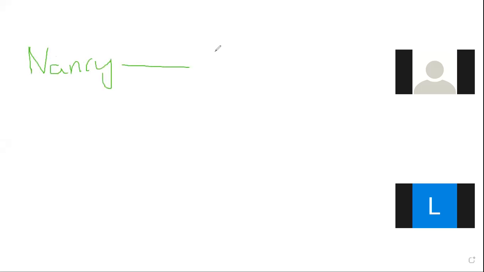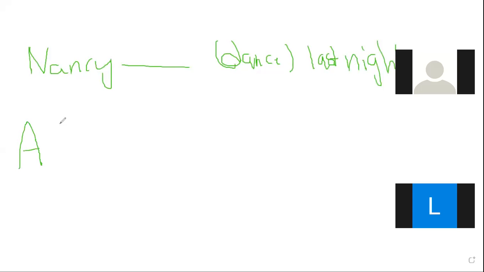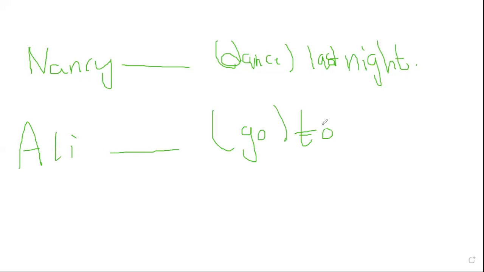For example, I want to say Nancy, dance. I want to put the verb dance in the past, last night. Okay, so let me give you another example. Ali, go to the park yesterday. Yesterday.